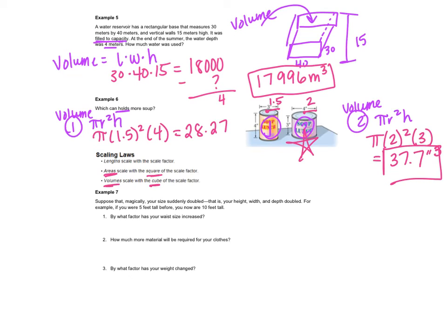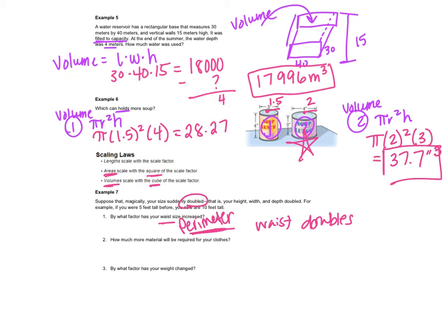So we have to think about waist is a measurement of a perimeter, right? It's a measurement around. So if it is indeed a perimeter, then it's going to stay at the same factor. So if we are doubling, then my waist will also double.